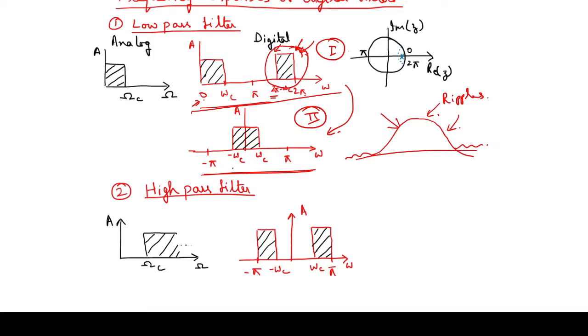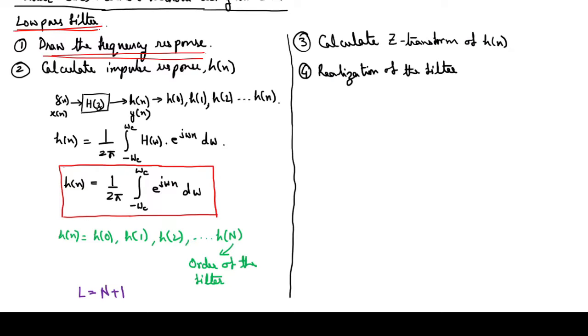So it becomes minus omega c to omega c. So the first and foremost thing is, depending upon what type of filter has been mentioned, you need to draw the frequency response of the filter.